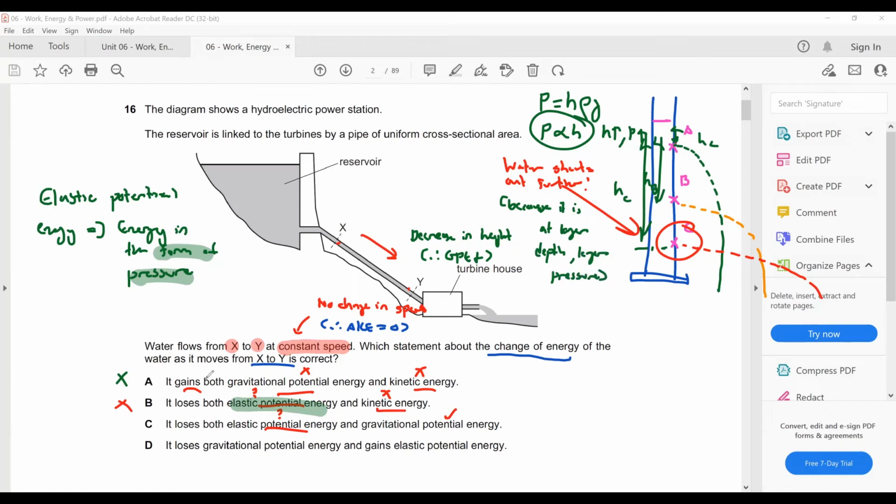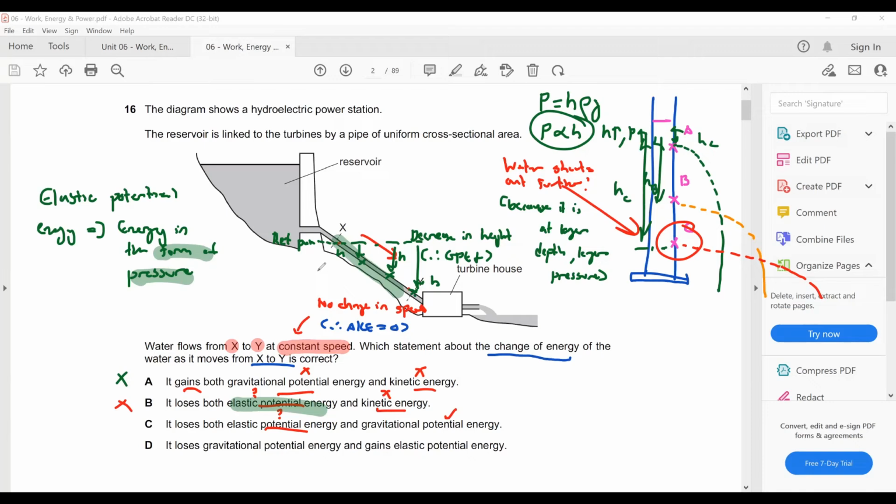Okay, so same thing here. The elastic potential energy that you have right now in this reservoir dam is actually energy in the form of pressure. So as you move from X to Y, if I call this your reference point, this point here, this is your height. This point here, this is your height. This point here, this is your height.